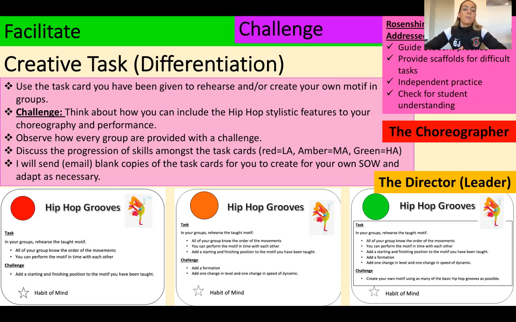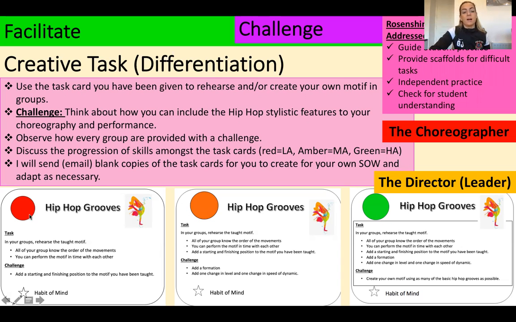So what I want you to do between now and our next session is have a go at creating some of your own task cards. Use the task card that you have been given to rehearse and or create your own motif in groups. This is what I would do. I would give out the task cards, and here you can see I've got red, orange and green.